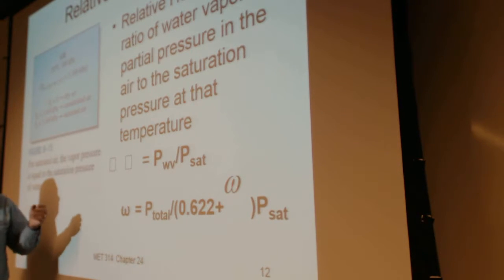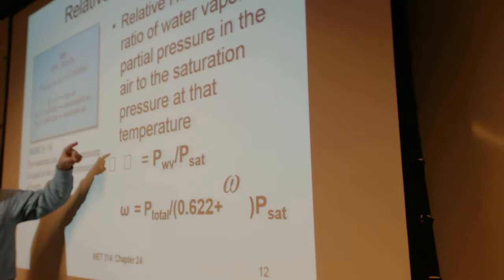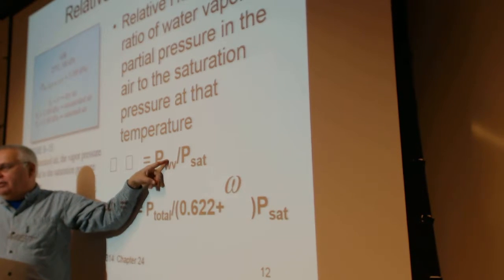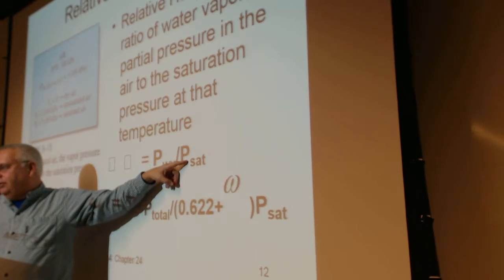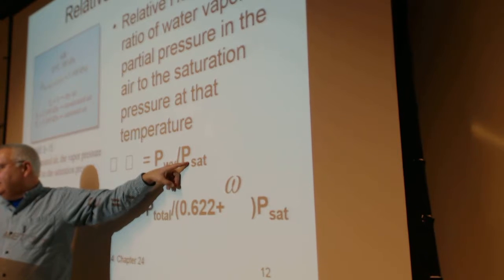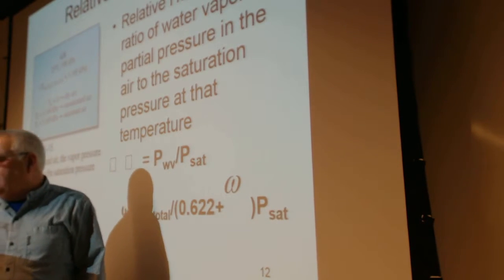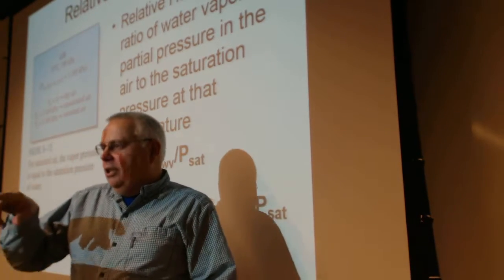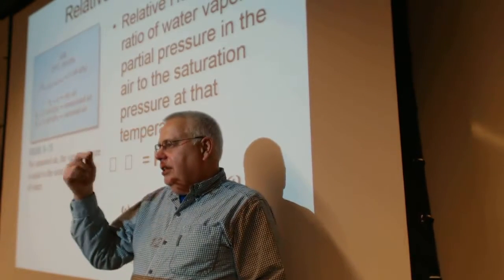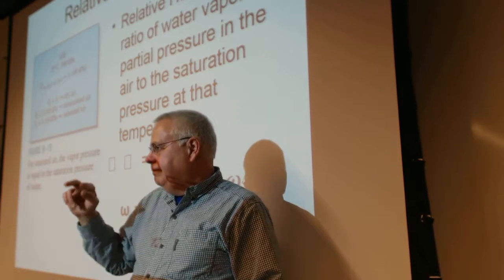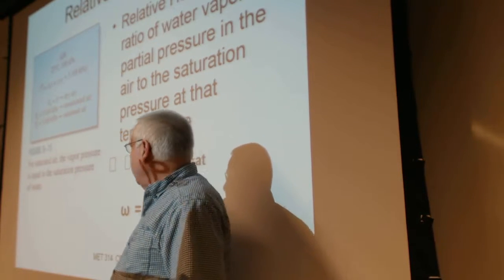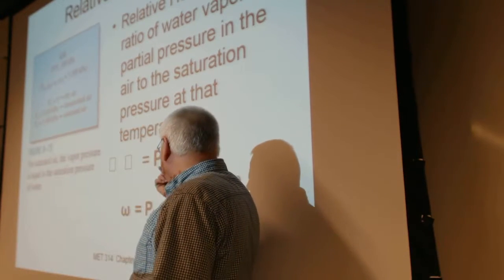Relative humidity is the pressure of the water vapor relative to the saturation pressure at that temperature. That's usually what they tell you. At the back of the room, there's a thing on the wall above the microwave. It tells you what the temperature is and the relative humidity inside and outside. And that's the pressure ratio.